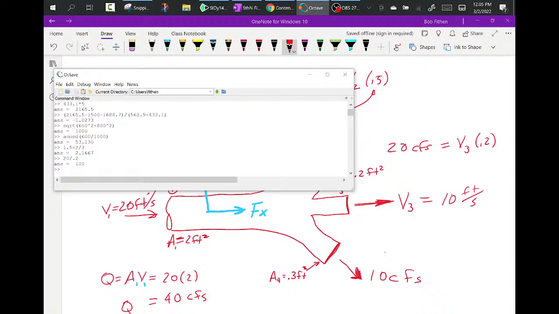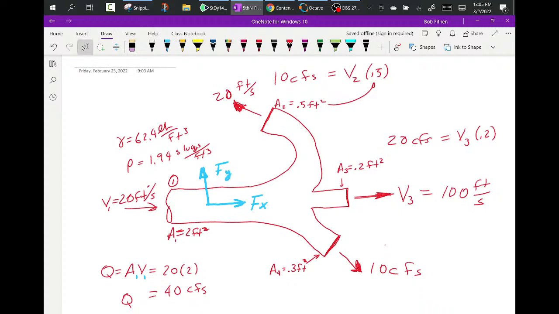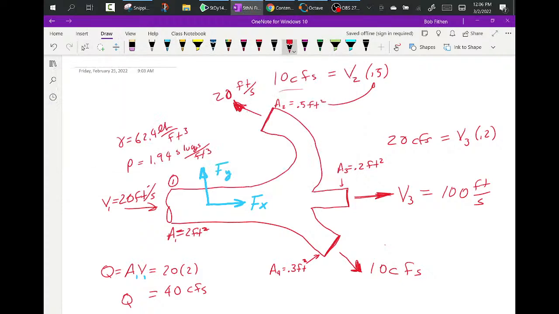Oh, 100. Sorry. Just make sure this other one is correct. 10 divided by 0.5. 20. Yeah, I got that one.